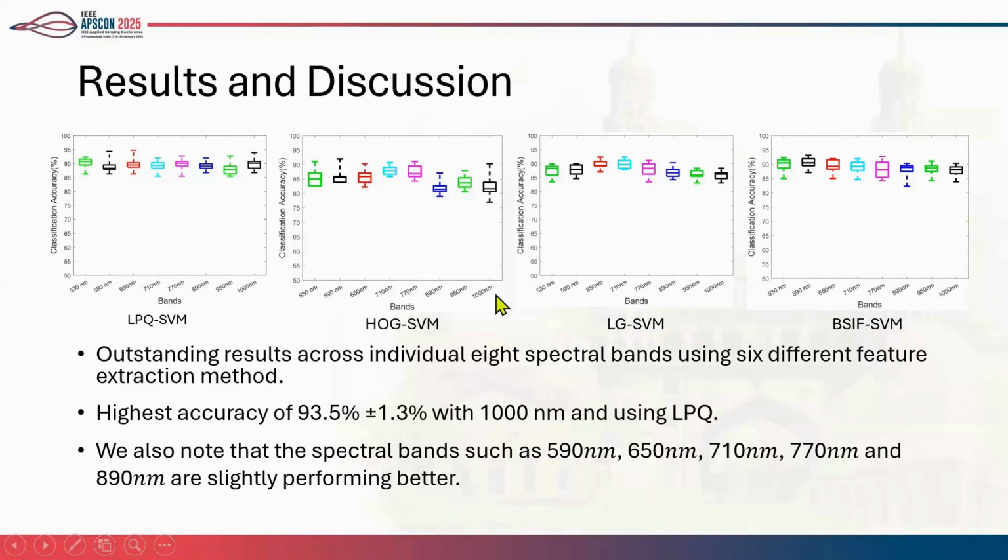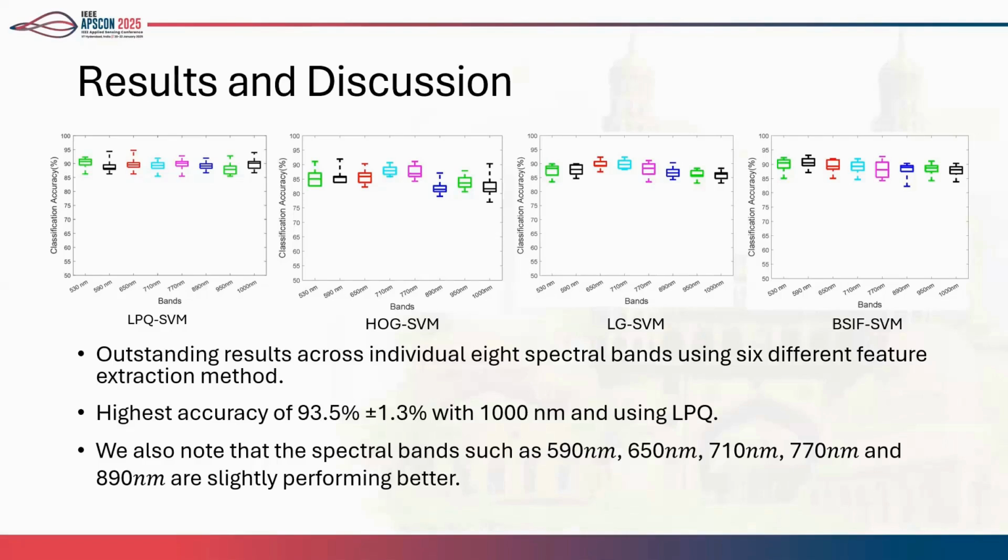The highest accuracy that we obtained was 93.5% with 1.3% standard deviation for the LPQ method. One of the things that we observed across all these bands is that bands such as 590, 650, 710, 770 and 890 performed consistently better, due to the high signal to noise ratio as far as the sensor response and the optical properties of the filters are concerned.